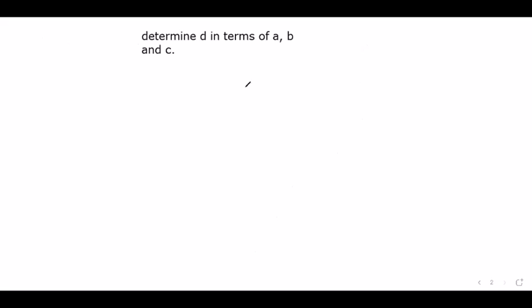So it says, if, at the beginning of the sentence, they got if, an algebraic expression, if A equals B plus square root of C over D, determine D in terms of A, B, and C. So you want to make D the subject of the formula.